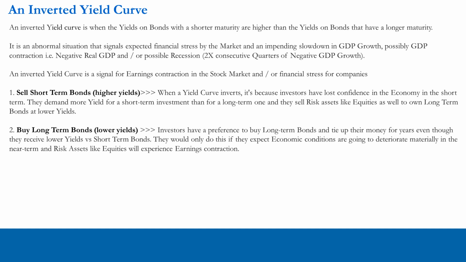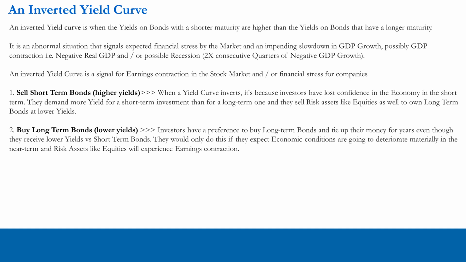So we're selling short-term bonds, we get higher yields. When a yield curve inverts, it's because investors have lost confidence in the economy in the short term. They are demanding more yield for a short-term investment than for a long-term one.